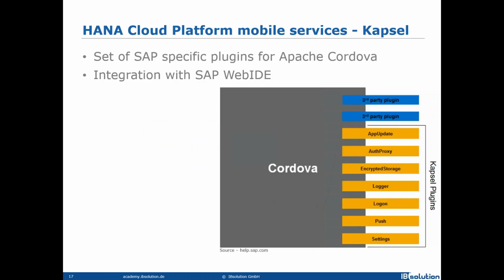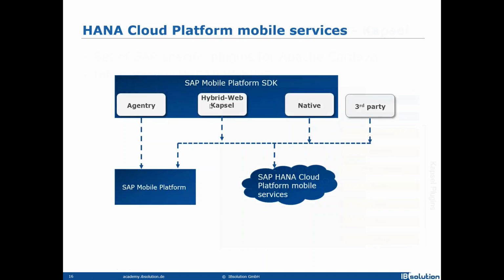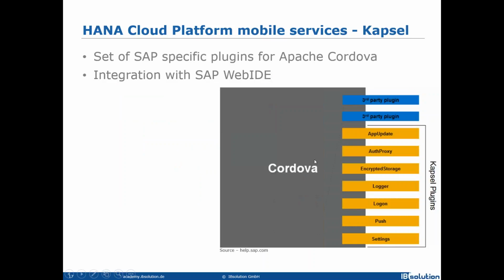So what is Kapsel? It's like in the middle, what we saw, and what we are going to focus on. Kapsel is a set of plugins built on top of Apache Cordova. Because I saw in the questions that half of you have never done mobile development till now: Apache Cordova is an external library which takes your web application and packs it in a container, so you can deploy it and run it on your mobile device.